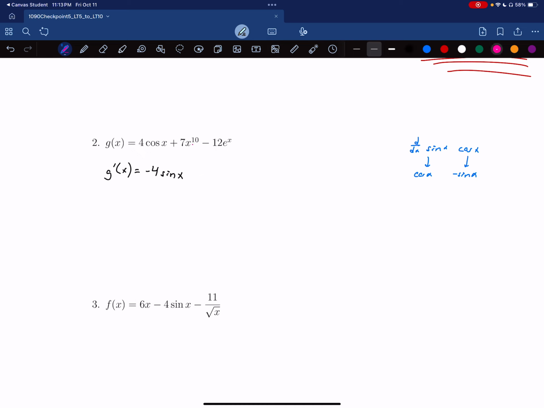Now we'll do the power rule for this next term, where that comes in front, and minus 1. So we will have plus 70x, 10 minus 1 is 9. And then the derivative of e to the x is just e to the x, but we have a coefficient in front. So minus 12 e to the x. That's our answer.